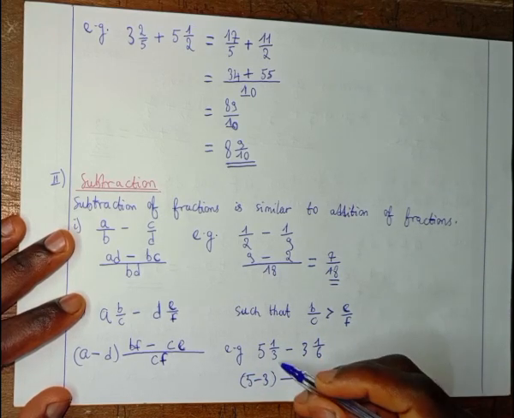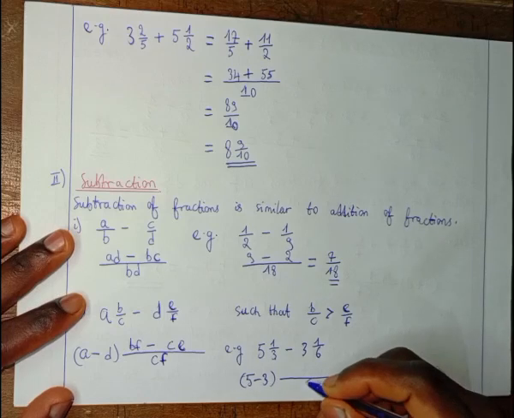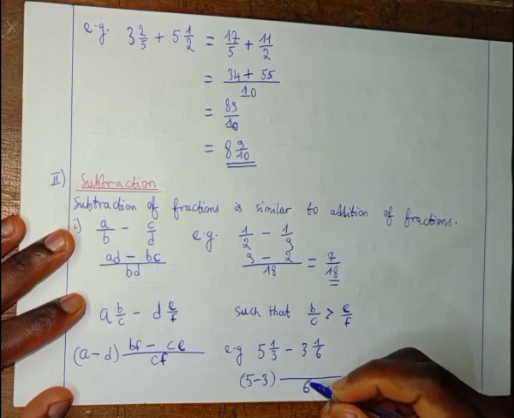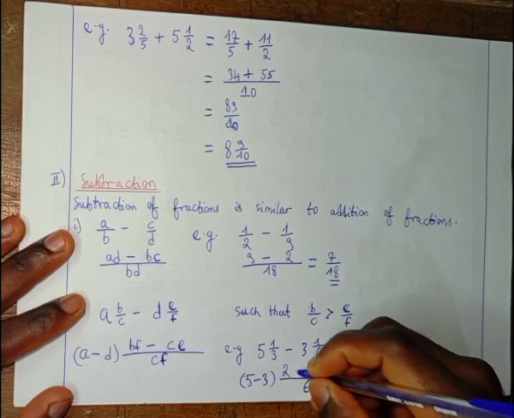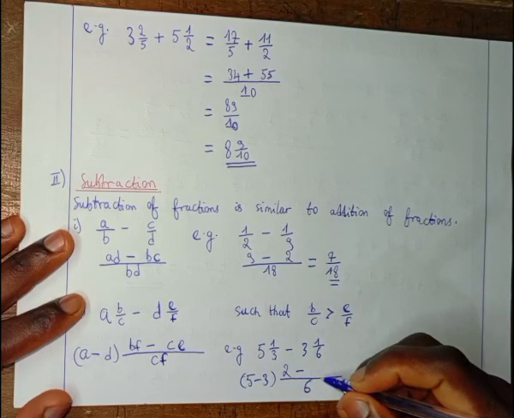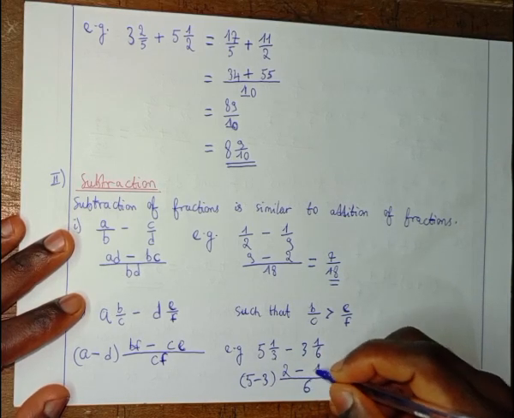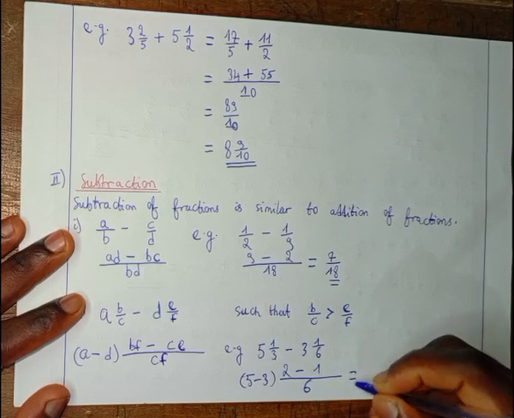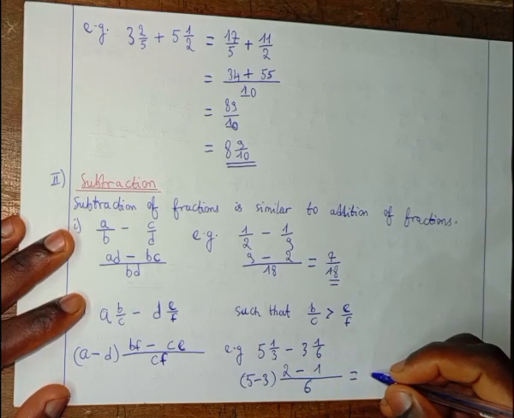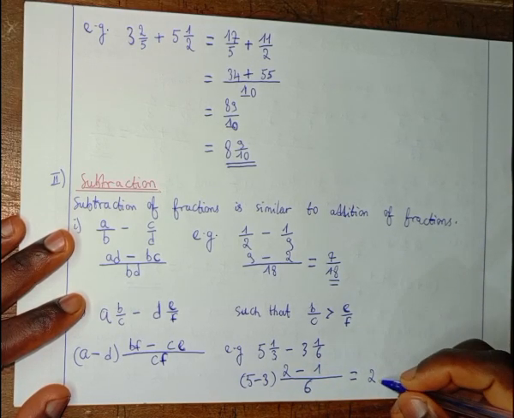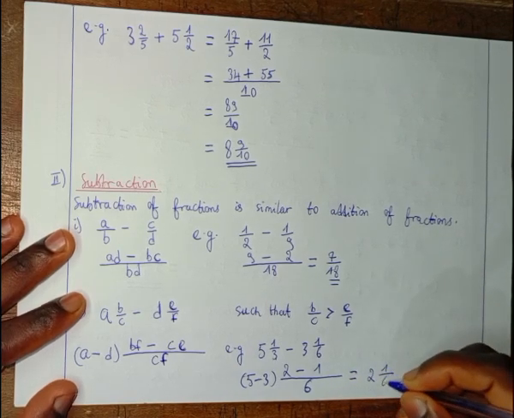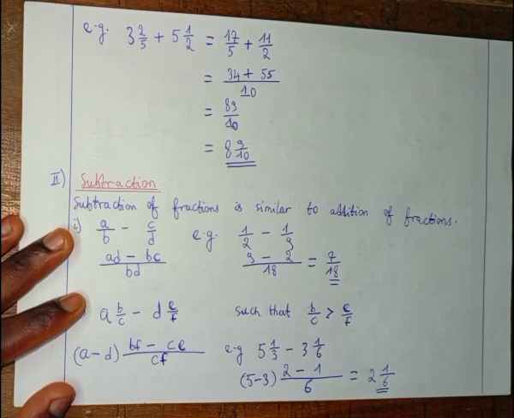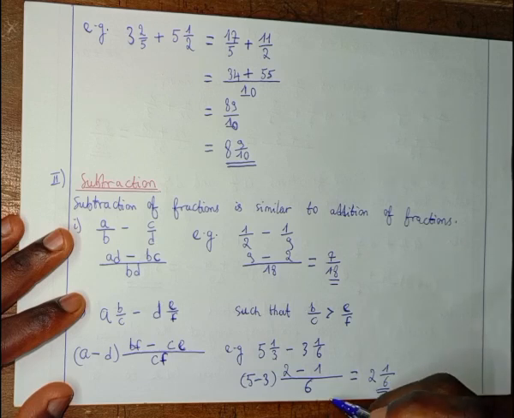Draw our vinculum. The LCM of 3 and 6 is 6. 6 divided by 3 gives us 2. 2 times 1 is 2. Minus 6 divided by 6 gives us 1. 1 times 1 is 1. This will simply be equal to 5 minus 3 gives us 2. The whole number part will be 2. 2 minus 1 gives us 1 over 6. So the answer will simply be 2 and 1/6.